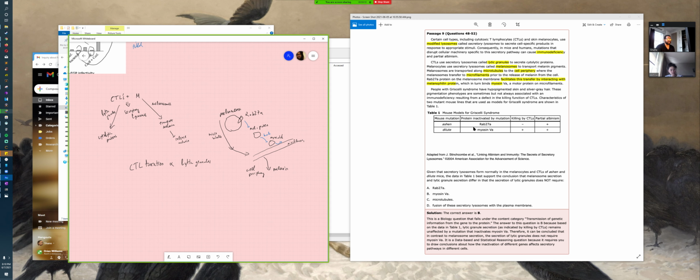So it doesn't need myosin VA. And as for microtubules and fusion of these secretory lysosomes to the plasma membrane, you can't tell, because it's not tested. Yeah, it's not tested.